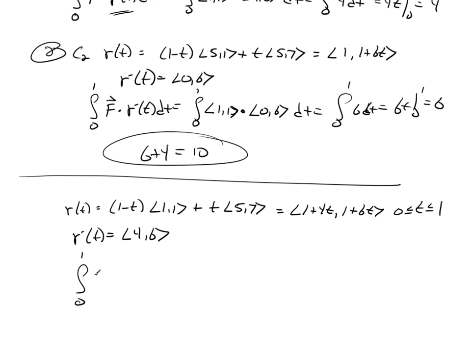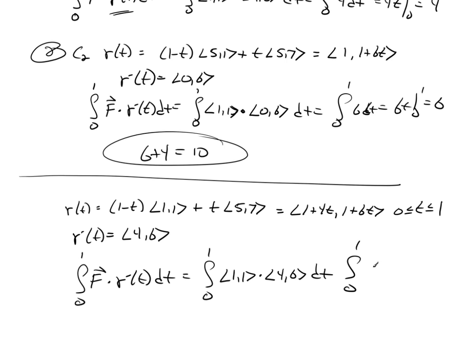So what I need is the integral from 0 to 1 of F dot r prime of t dt. That's the integral from 0 to 1 of (1, 1) dot (4, 6) dt. That's the integral from 0 to 1 of 10 dt, which is 10t from 0 to 1, which is equal to 10, which is the exact same thing I had up here and all the other ones.